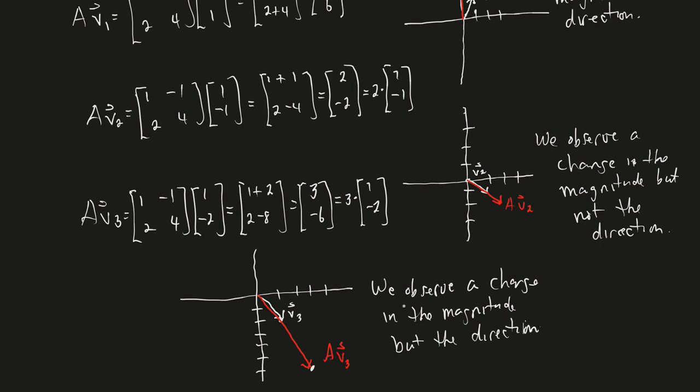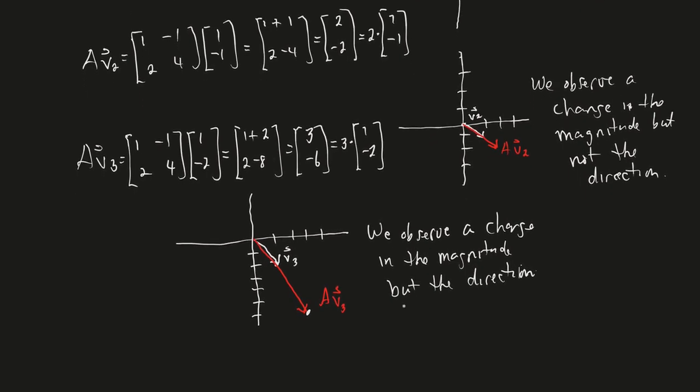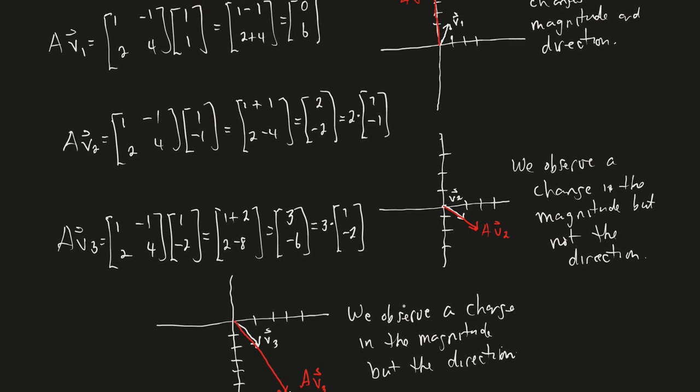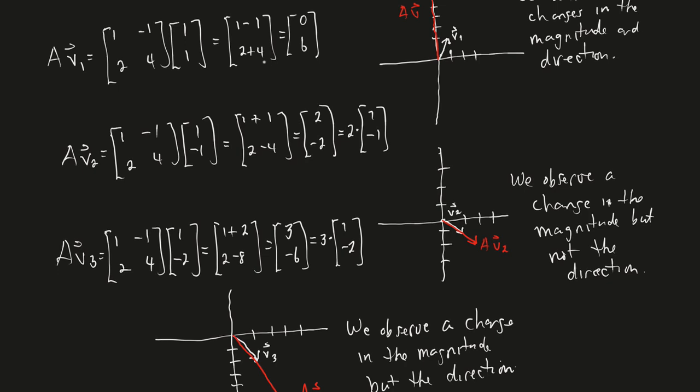All right. So with this in mind, before we write down the formal definition, I also have to point out that it seems like this relationship is only for some vectors because it didn't work for 1, 1. So what's special about the 1, negative 1? What's special about the 1, negative 2?